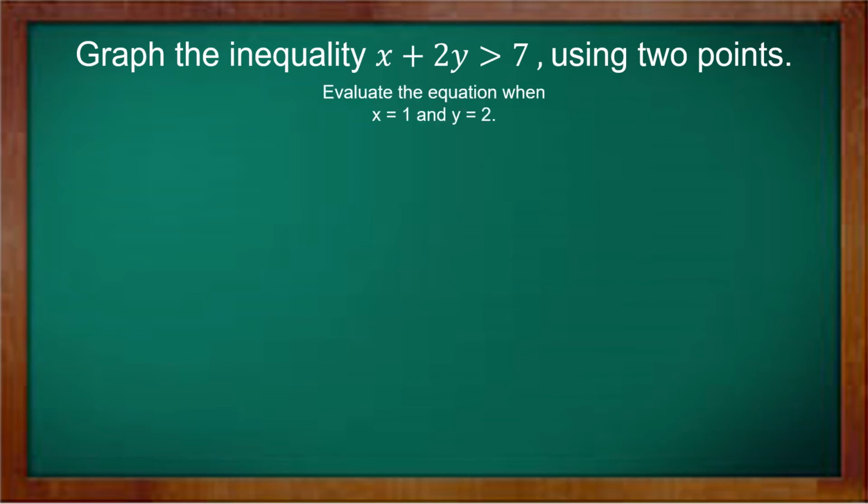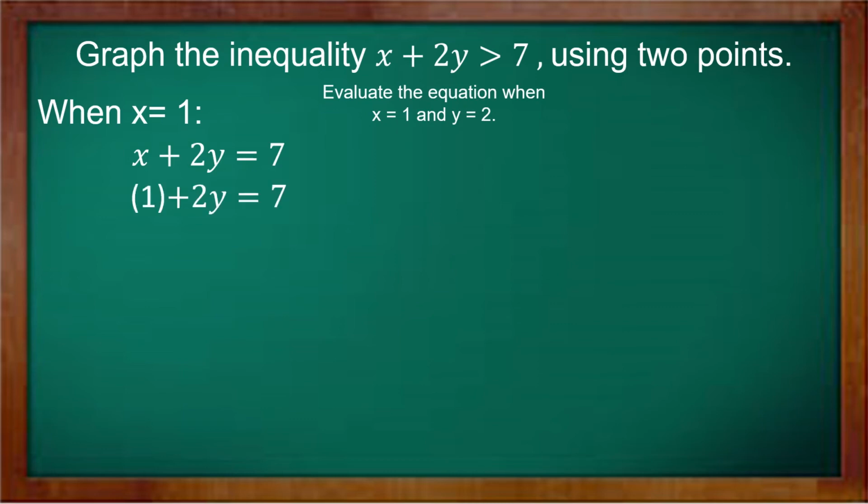So we use here x is equal to 1 and y is equal to 2. First, let us find the value of y when x is equal to 1. From the inequality, we transform it into an equation and it becomes x plus 2y equals 7. After that, we substitute the value of x, so it becomes 1 plus 2y equals 7.